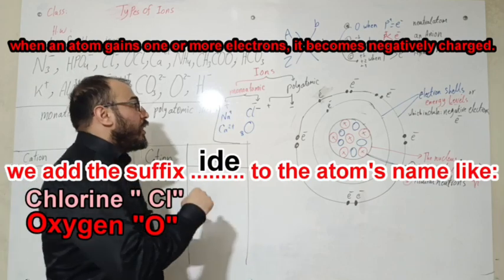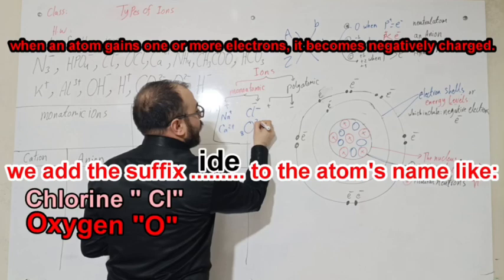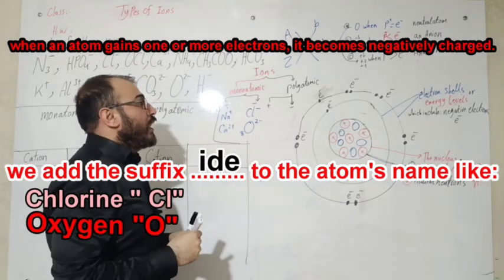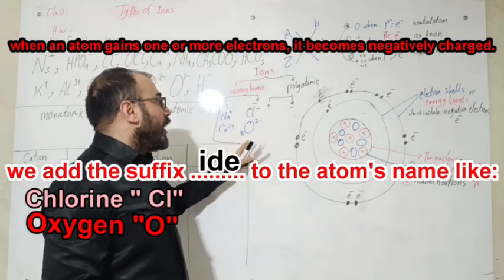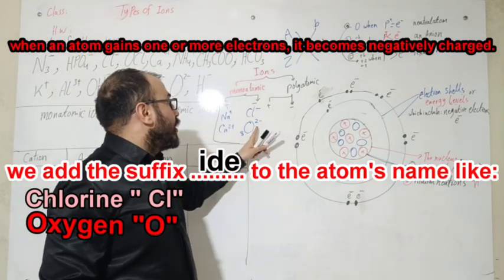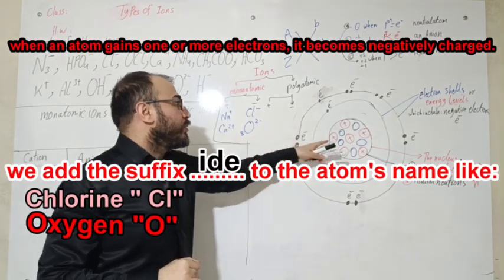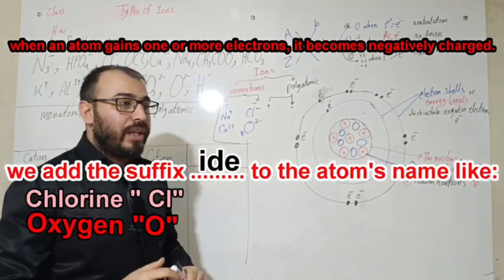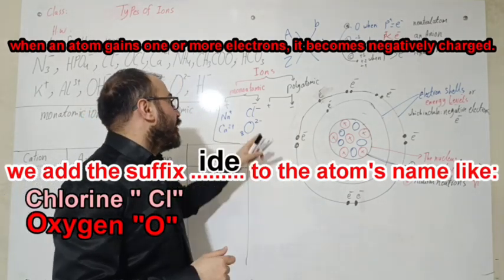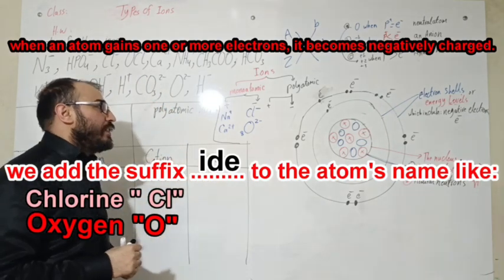But when the oxygen atom gains 2 electrons, the number of electrons is going to be 10, while the number of protons is going to stay the same. So the number of electrons is higher than the number of protons, and now the atom has become a negative ion charged with -2, and we call it an anion.